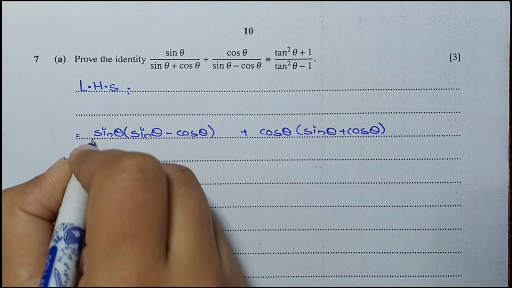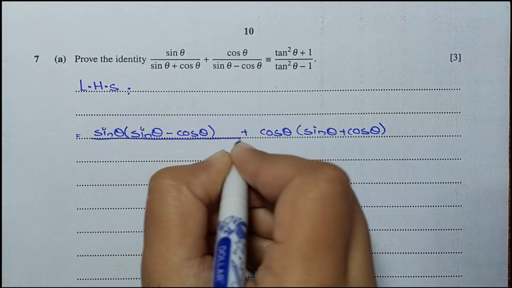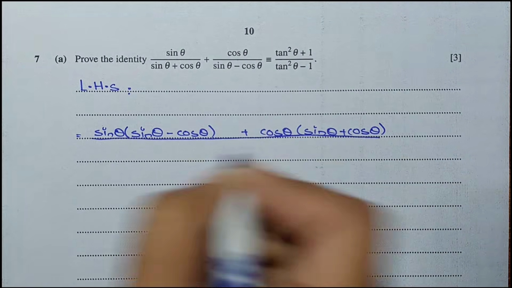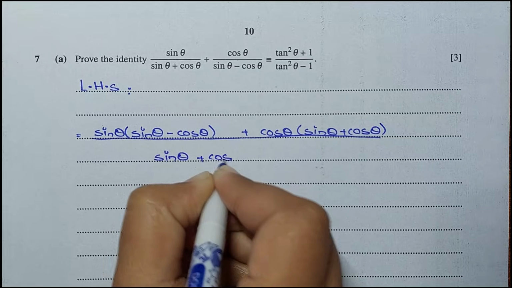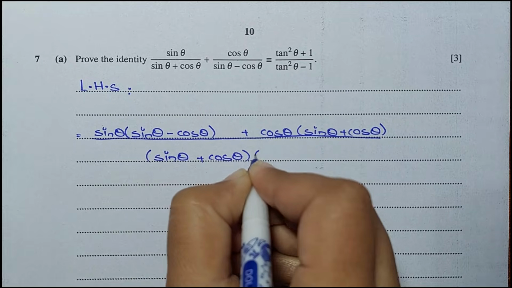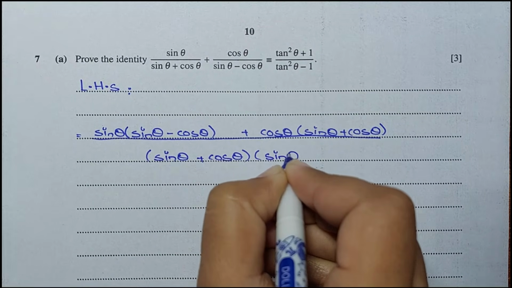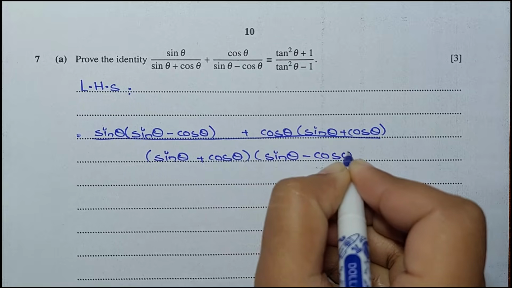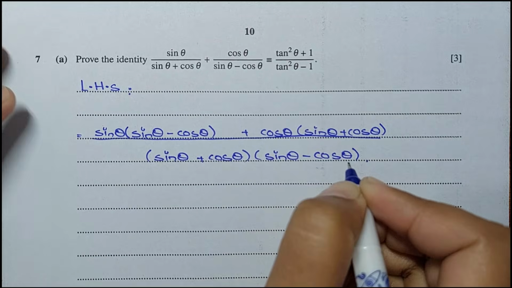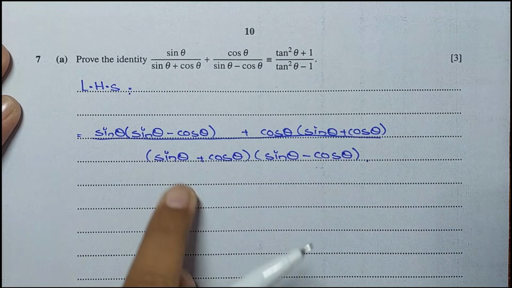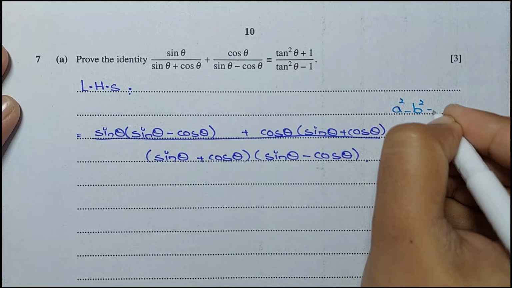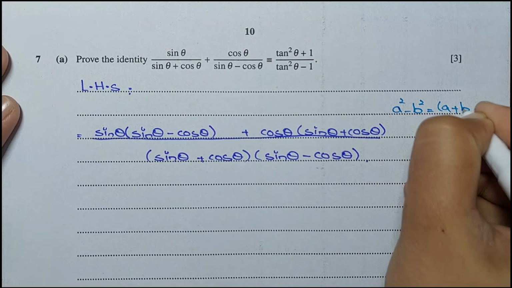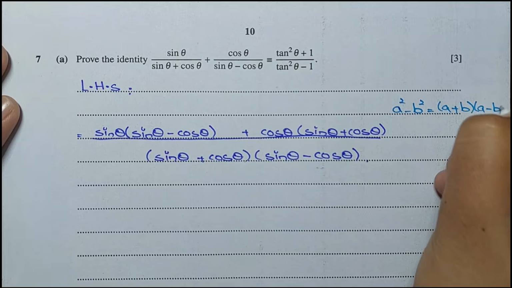And whole thing divided by sine plus cos and sine minus cos. Okay. Now here we use the identity that a plus b into a minus b, a square minus b square, would be equal to a plus b and a minus b.